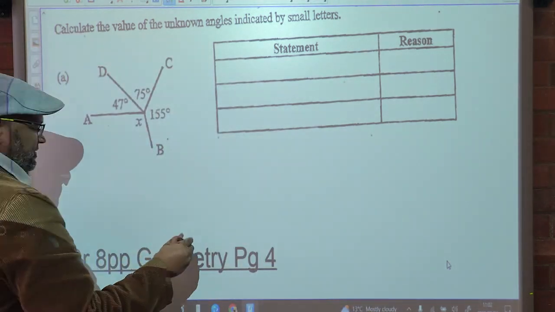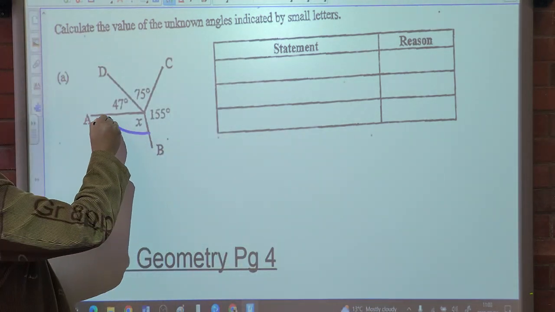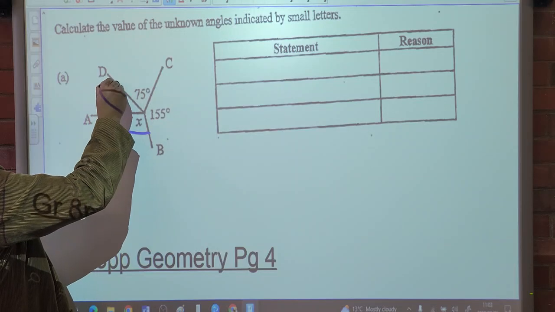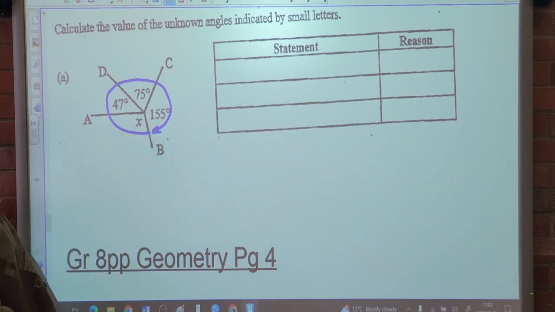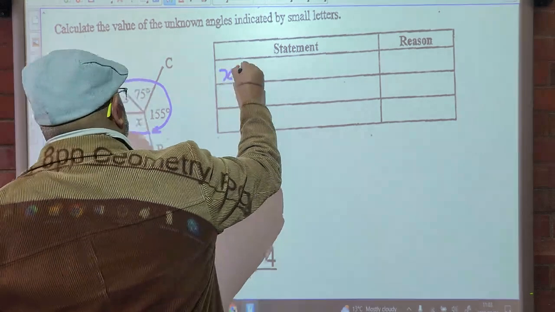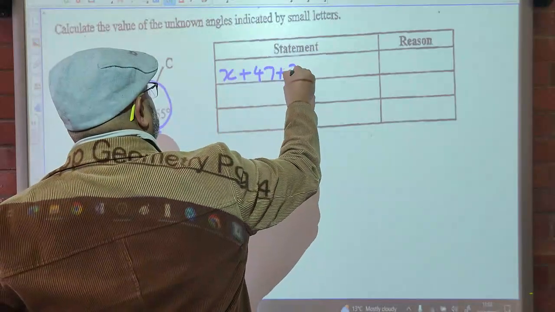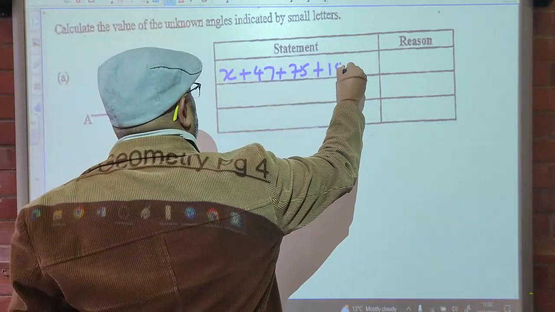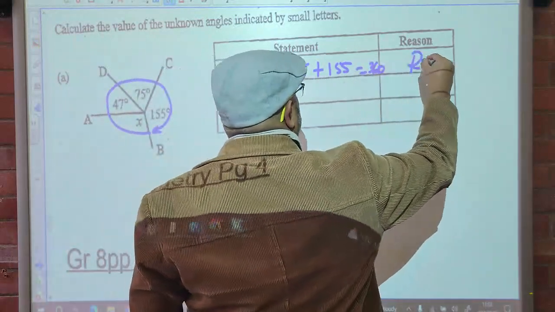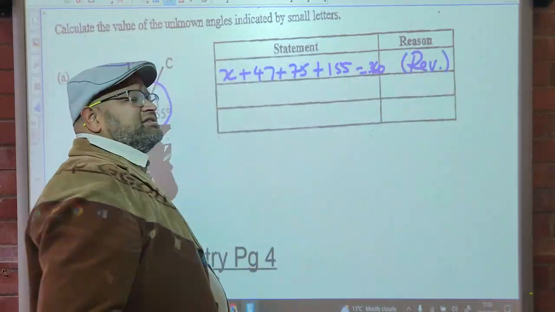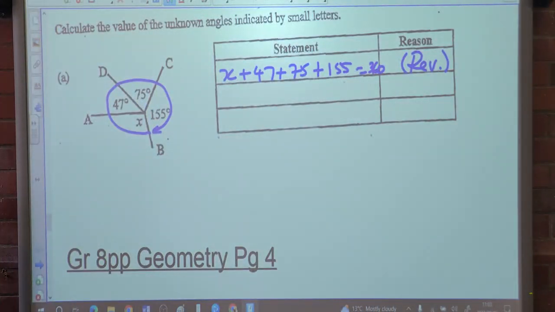So what do we know here, people? We know that x plus 47 plus 75 plus 155 equals 360, and the reason? They have a revolution, or angles around a point.